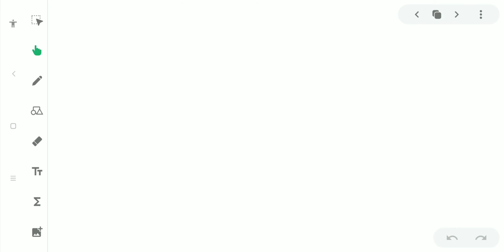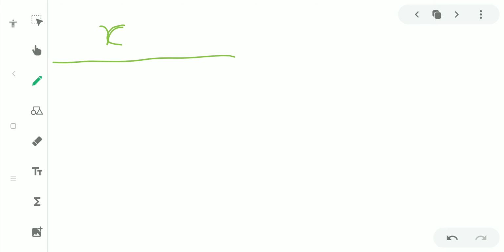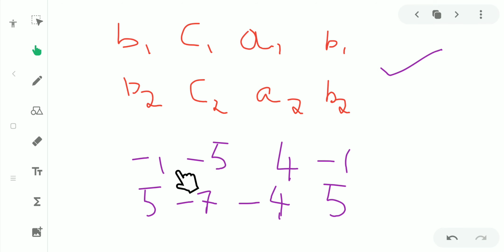So let us write x as the numerator by A1 into B2, nothing but C1 into B2, so that is minus 5 into plus 5, nothing but minus 25, minus B1 into C2 or C2 into B1.